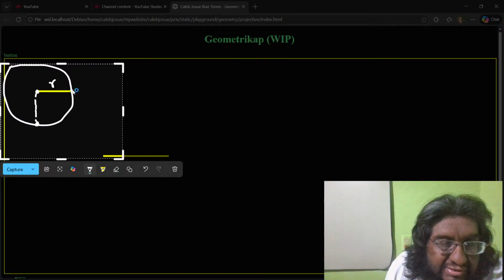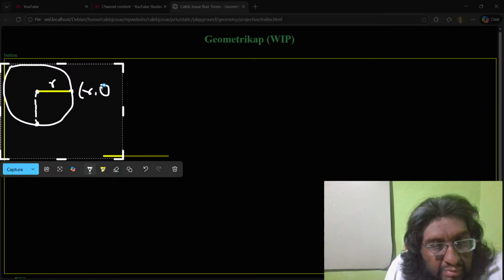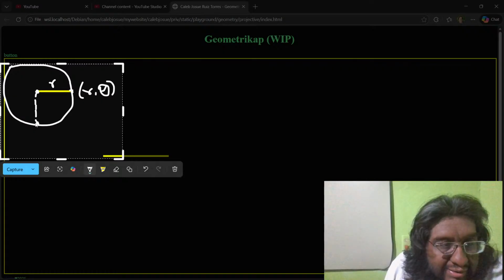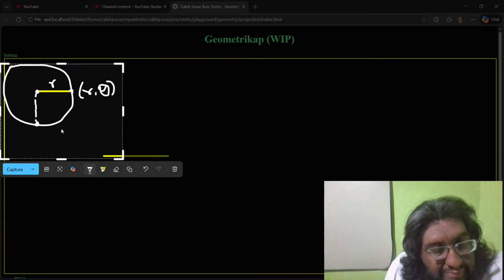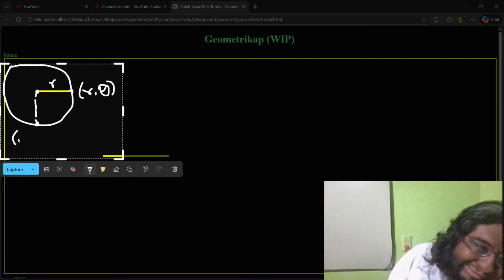We have this, which is radius, 0, and this should be r times cosine of 90 degrees.